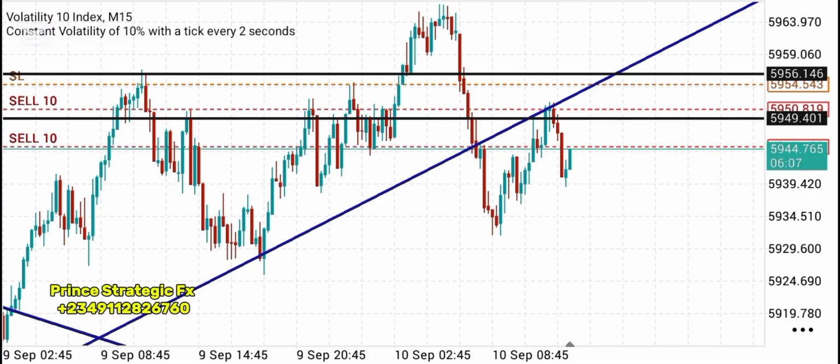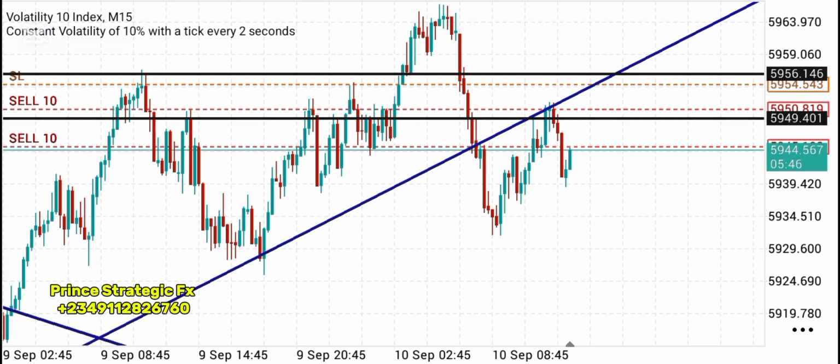Now look, price retested, and this was the first retest. Now let me go back. This right here was the first retest, and I thought price is going to drop from there, and I entered the sell right there, and price moved up again to this point right here, right?